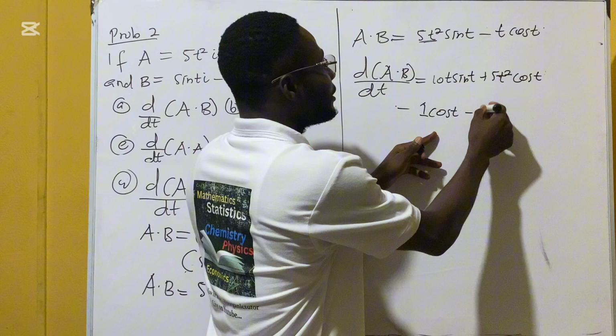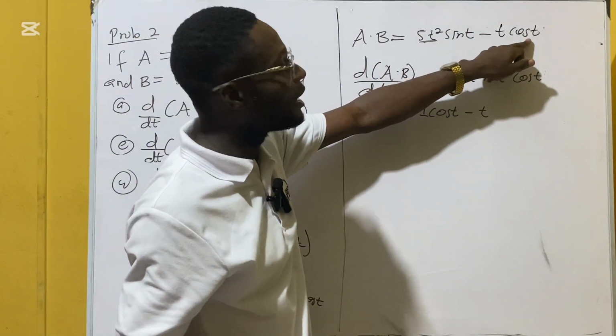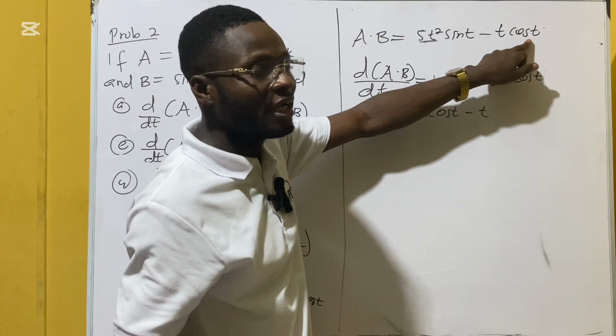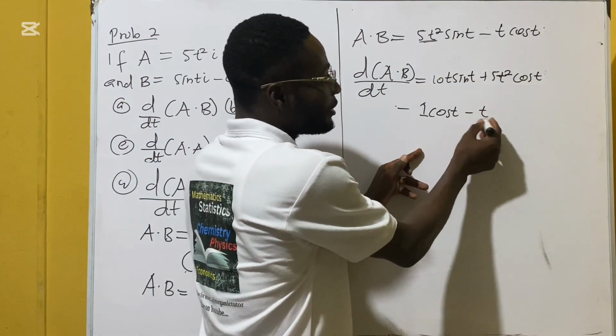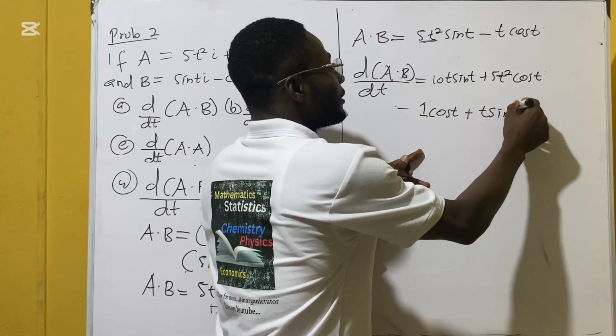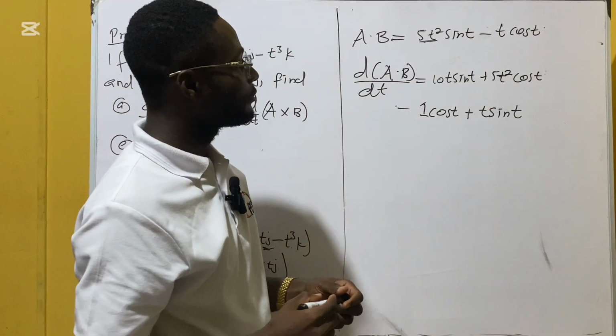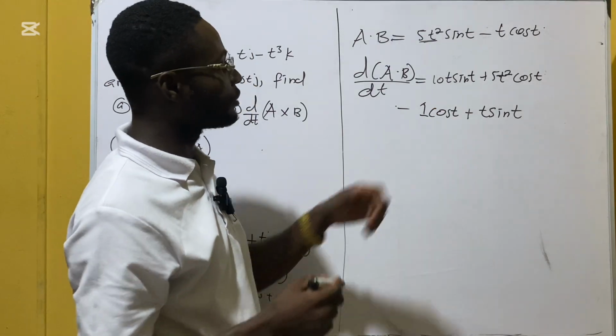Then we maintain negative t, then you differentiate cos t, and that gives us negative sine t. So we're going to have into negative sine t. So negative, this part will be positive. So we have sine t, right? So that is what we have.